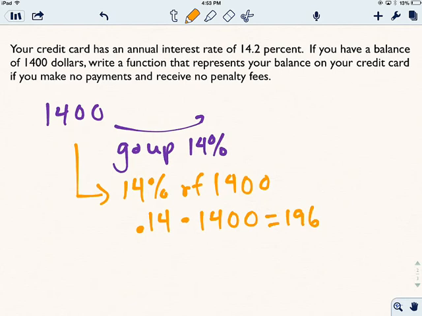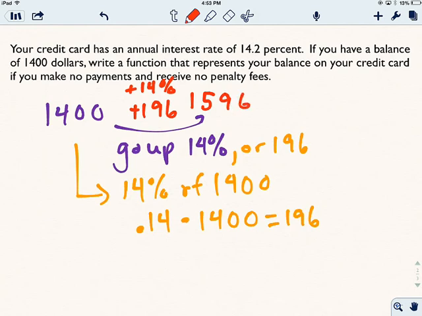And so it's going to go up 14%, or $196. And so my new balance is going to be 1,400 plus 196, and this is the same as adding 14%. That will give me a total of $1,596 that I owe.